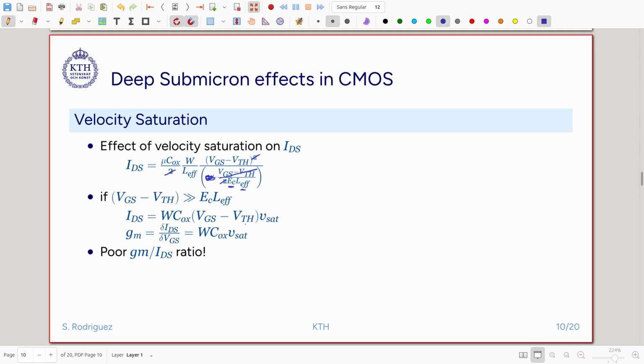It doesn't depend quadratically. And when we differentiate this equation, the transconductance becomes constant. So it doesn't grow anymore with VGS minus VTH, meaning that it doesn't work very well as an amplifier anymore. We can increase VGS, but it will not improve the amplification. We cannot just continue changing VGS and change the curve. It will just saturate at this value.